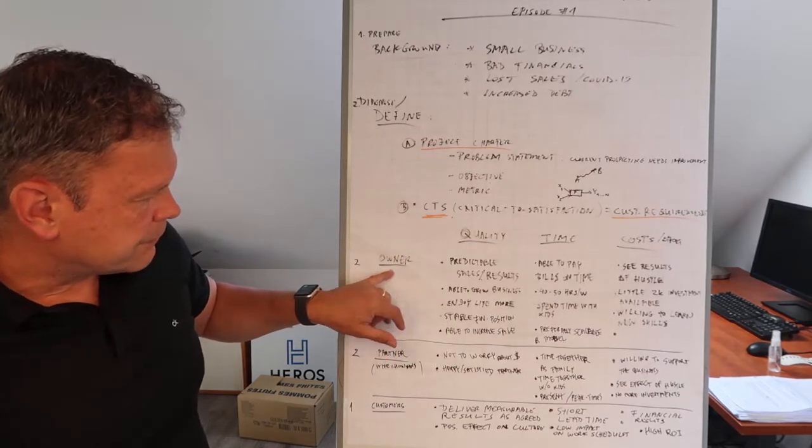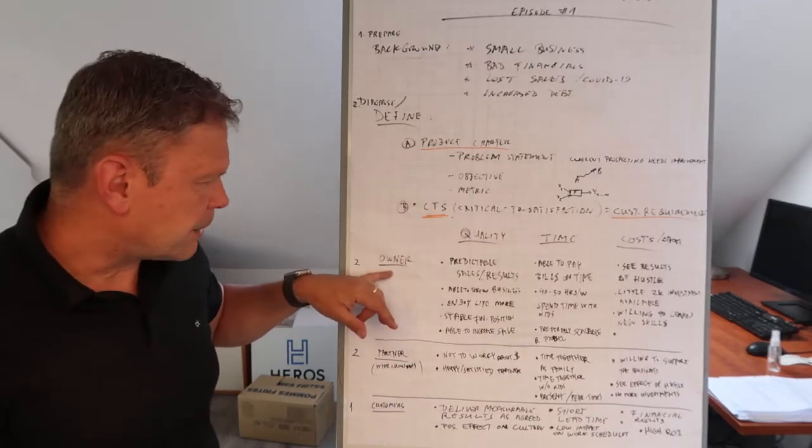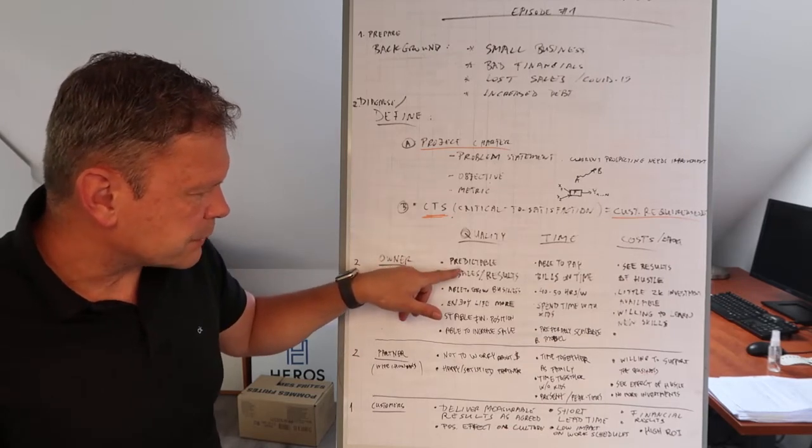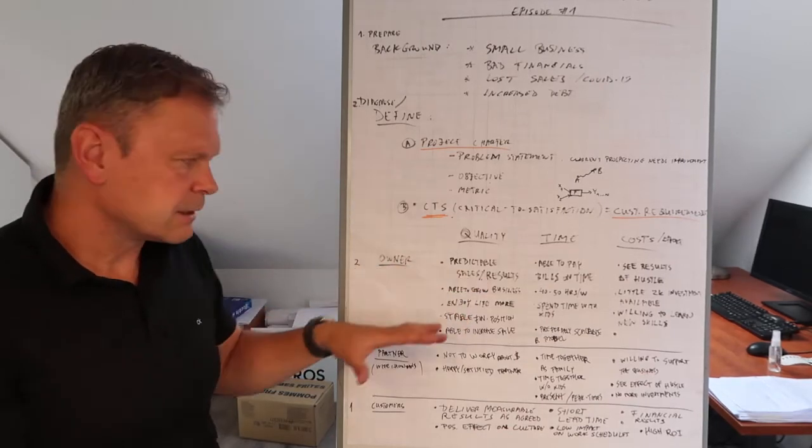If you look at the owner, for example, as the first participant of this process, he says, I want predictable sales results.